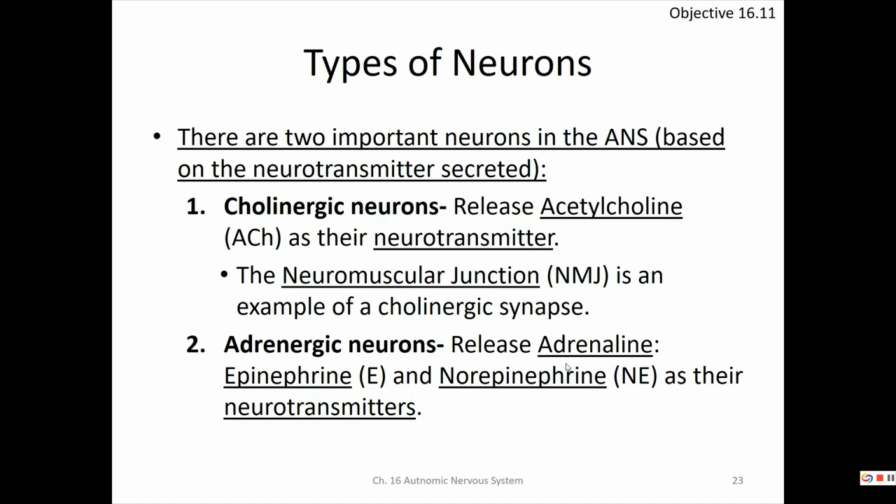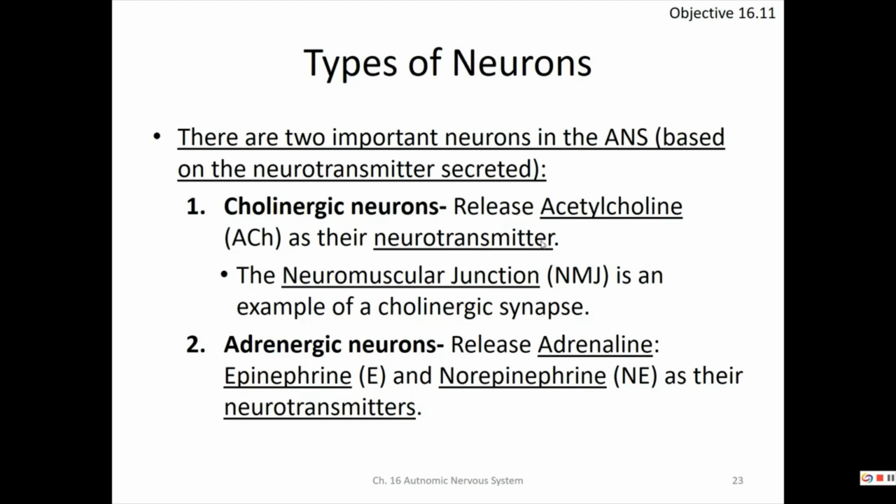Adrenergic, that's adrenaline. Because a lot of times we will say adrenaline, modernly, is epinephrine and norepinephrine collectively. Now, some folks now will say that adrenaline is epinephrine and noradrenaline is norepinephrine, but we're going to say epinephrine, norepinephrine is adrenaline collectively, and we'll just be done with it, okay?